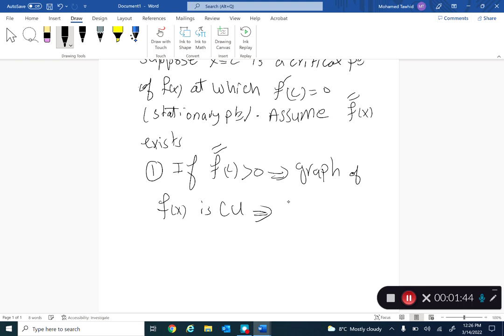If the graph is concave up, then f has a local minimum.